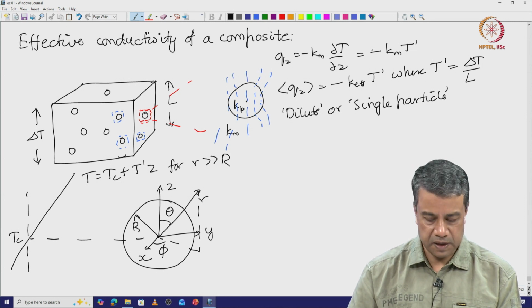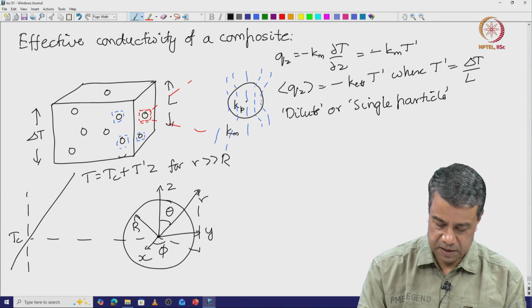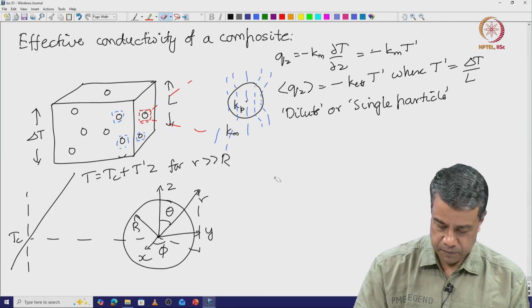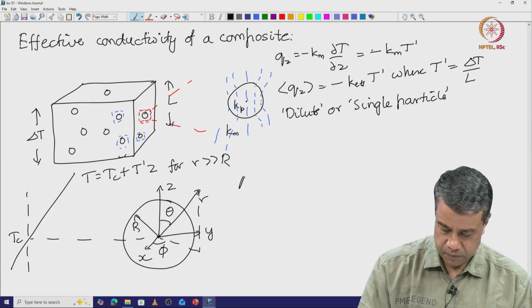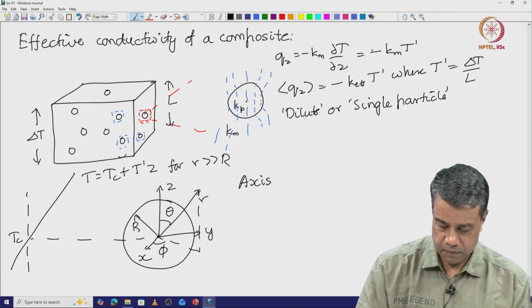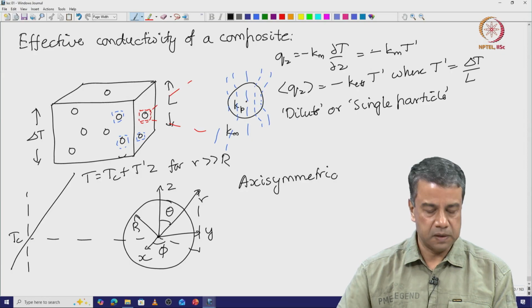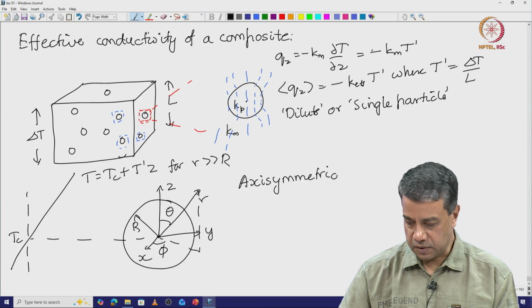In this particular case, the configuration is axisymmetric, so there is no dependence on the phi coordinate.